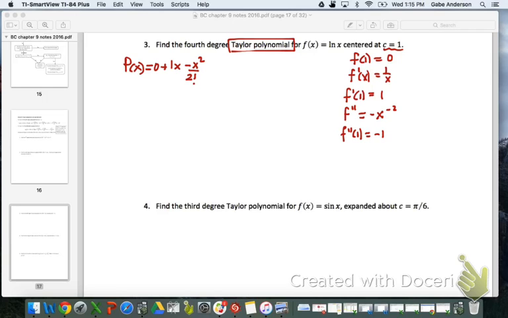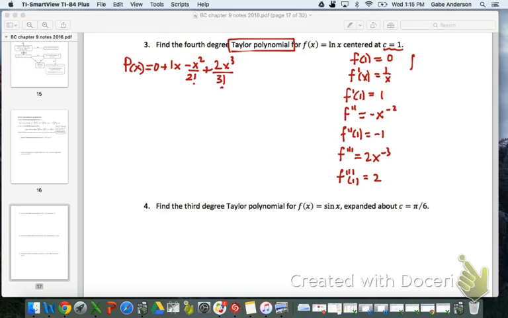All right, moving on. Third derivative time. Third derivative is equal to 2x to the negative 3. So that means that the third derivative at our centering point of 1 is going to be 2. So we are at 2x to the third over 3 factorial. You can tell if we're going for 4th degree, we only have one more to go here.